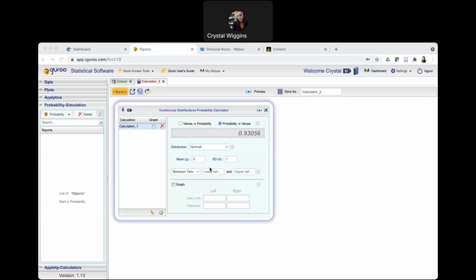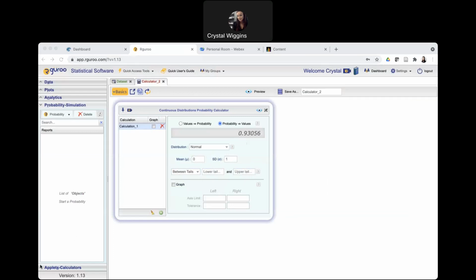Therefore, we have to put in the areas that are in the tails, because that tells Rguroo exactly where this between area exists. Is it centered? Is it skewed to the left or skewed to the right? So we have to do a little bit of math to find out how much of the area is in the left tail and how much is in the right tail.